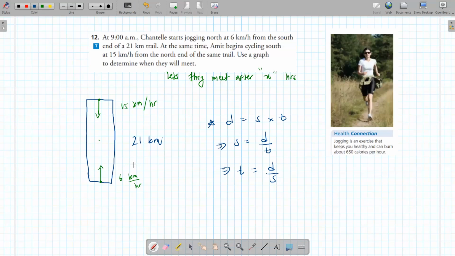Cool. And what else do we need? We have time, we have speed, we have the distance. So let's come up with equations for Chantel, the lady going from down here to up there. What's going to be the equation for time for Chantel?